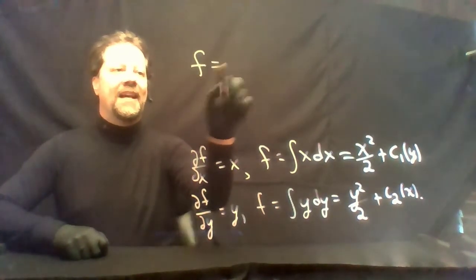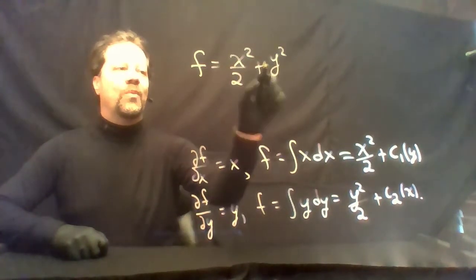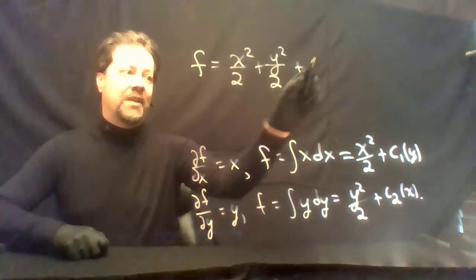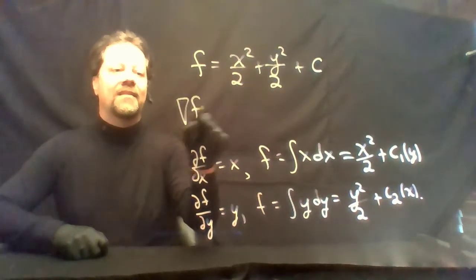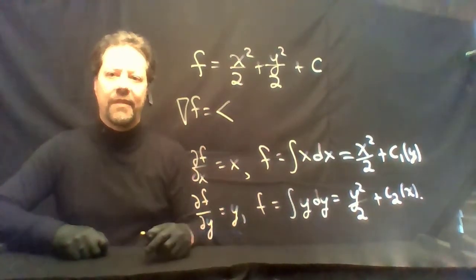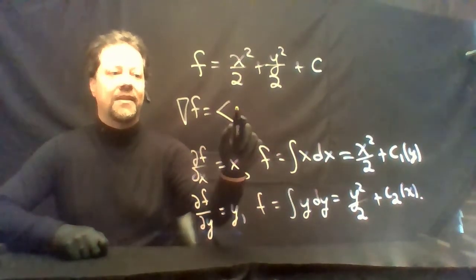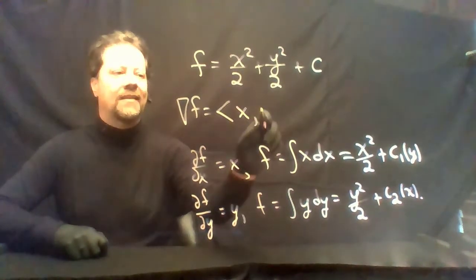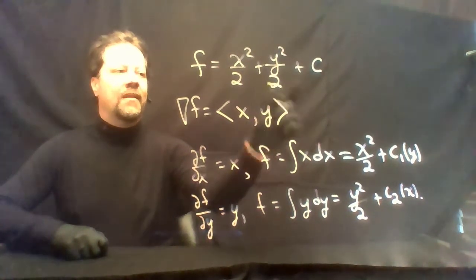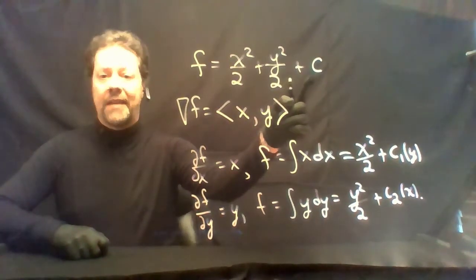If we make f equal to x squared over 2 plus y squared over 2, maybe plus any arbitrary constant, then the gradient will be the vector of partial derivatives. The partial derivative of this f with respect to x is x, and the partial derivative with respect to y is y. So there isn't just one potential function. There are infinitely many, and they differ by a constant.